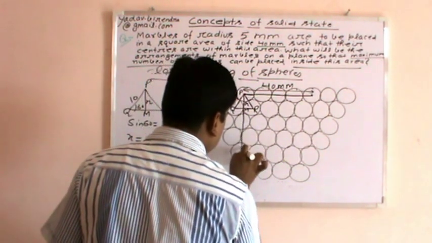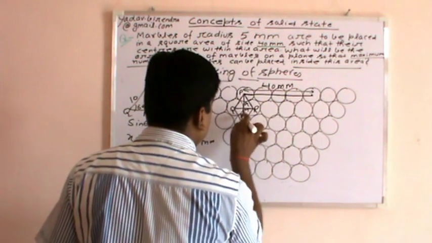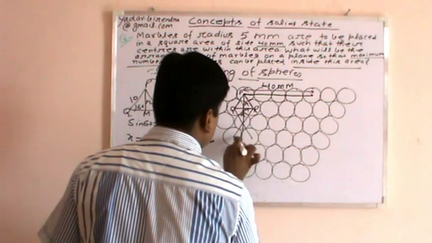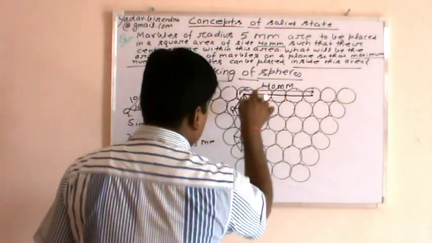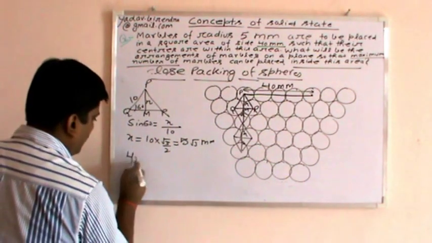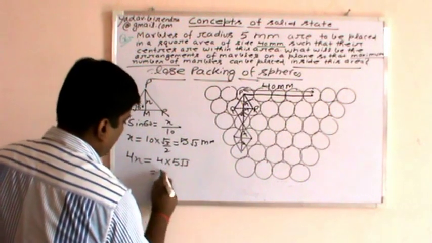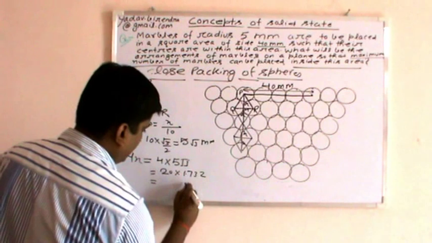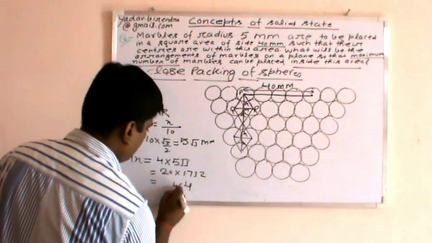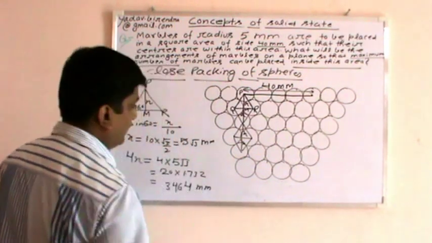We'll extend this: X, X, X, X. So if we try to find 4X, it will be 4 into 5 root 3, so 20 into 1.732, which will be equal to 34.64 millimeter.